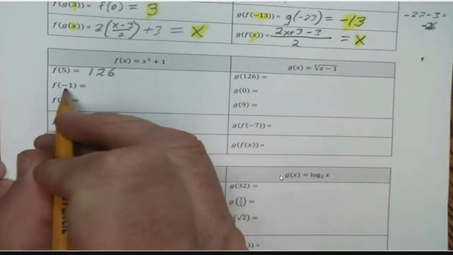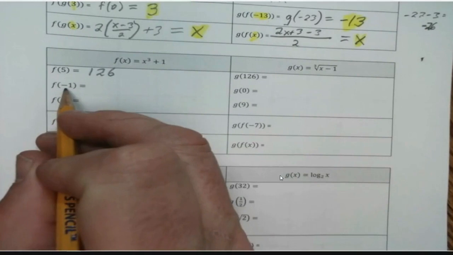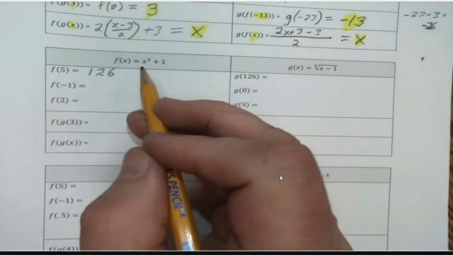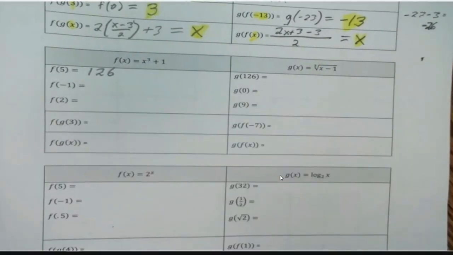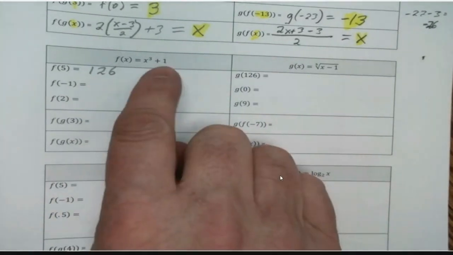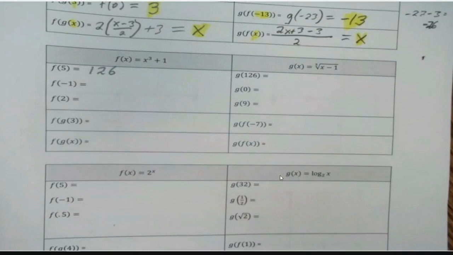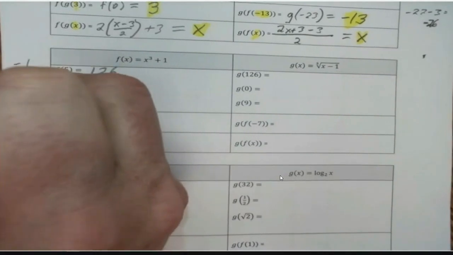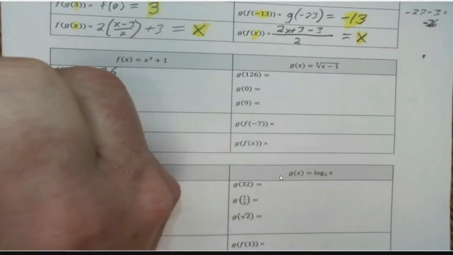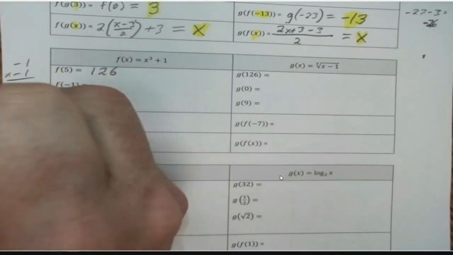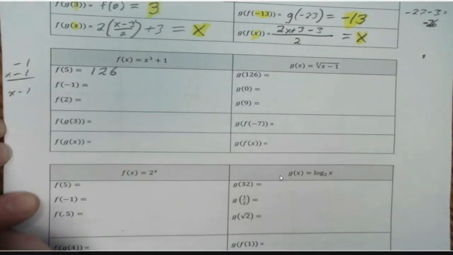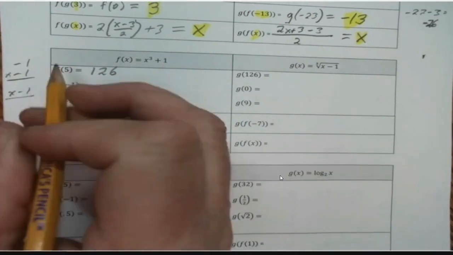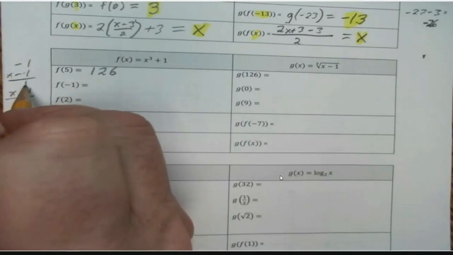All right, negative 1. What is it when we substitute negative 1 in for x? Negative 1 is cubed: negative 1 times negative 1 times negative 1, and then add 1. Negative 1 times negative 1 is a positive 1.